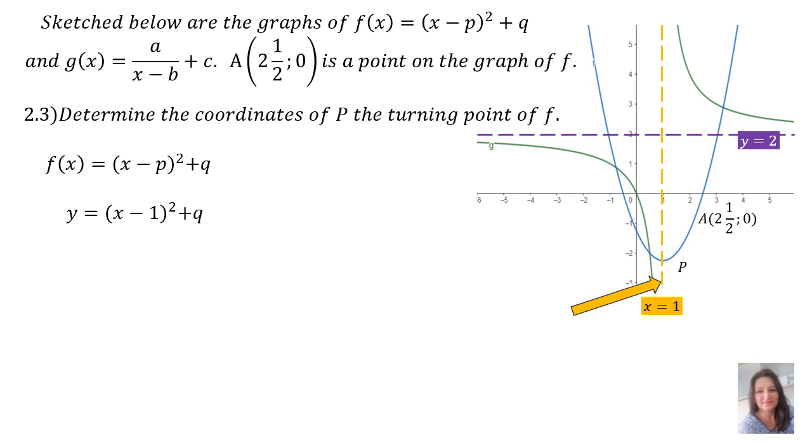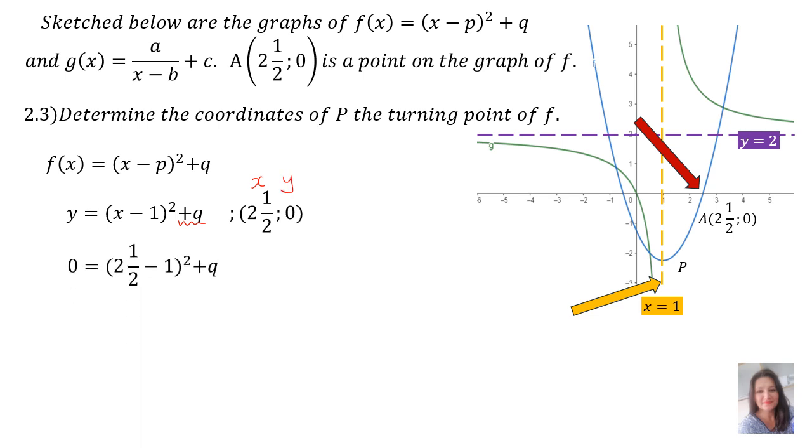Now we want to work out a value for this plus q, and we have to find a coordinate that lives on the graph, and we've got one. We've got the point A (2.5, 0). So we will use that coordinate consisting of an x and a y to find q's value.